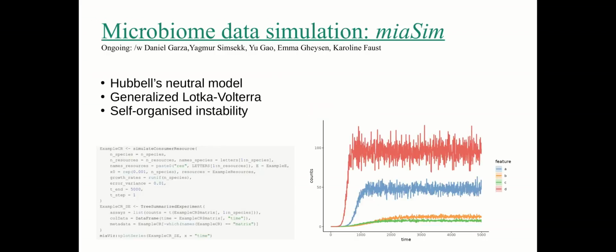In addition, there are other packages, for instance a package that is now in development for microbiome data simulation and provides different types of models, for instance Hubbell's neutral model, generalized Lotka-Volterra model and self-organized instability model, to provide simulations of microbiome data. It's called miaSim.